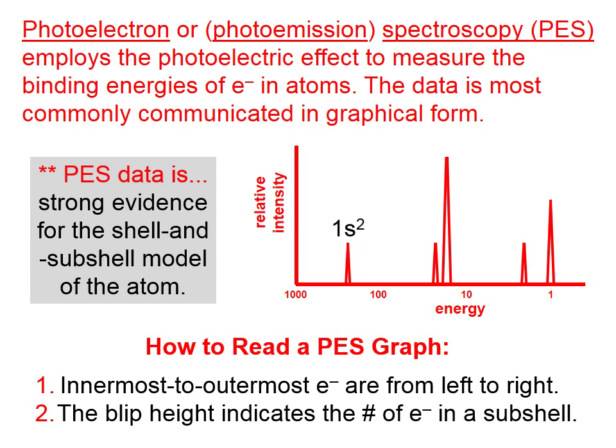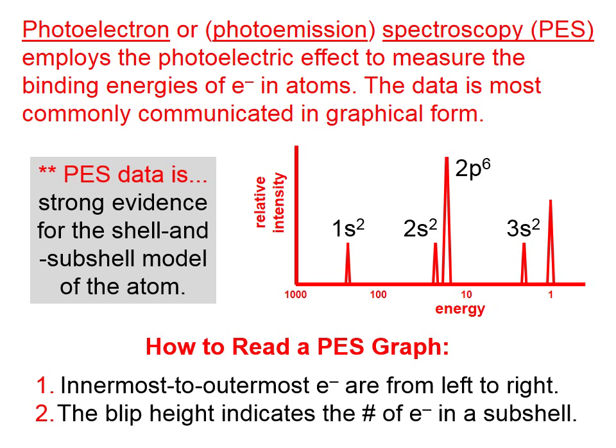So, in the case of this drawing, this blip represents the 2 electrons in the 1s orbital. The next blip represents the electrons in the 2s orbital. The next blip, which is, as you can see, 3 times higher than the 2s2 blip, is the 2p6 electron shell.